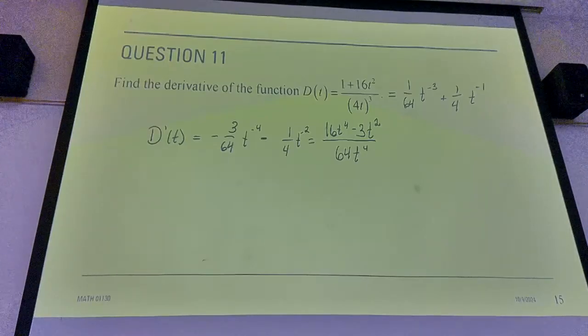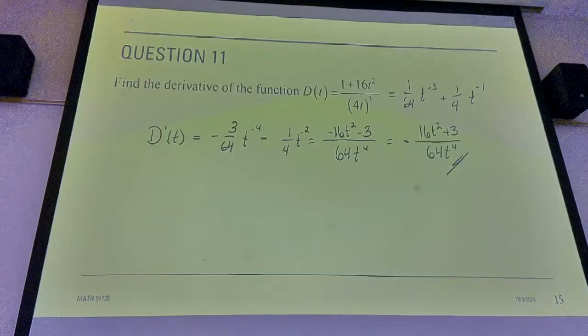Oh wait, that's still -3. This just becomes -16 t squared minus 3. I don't like the negative, so I just factor out a negative. That would be your derivative.